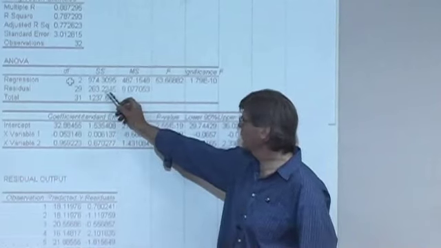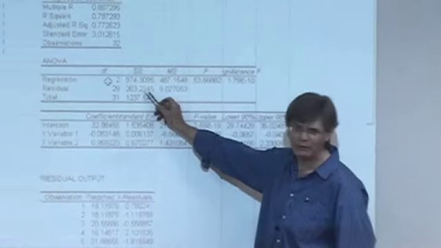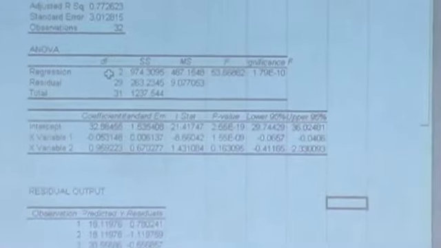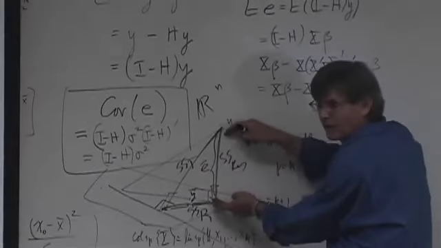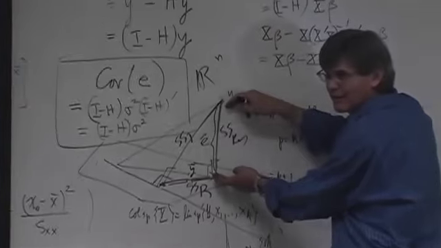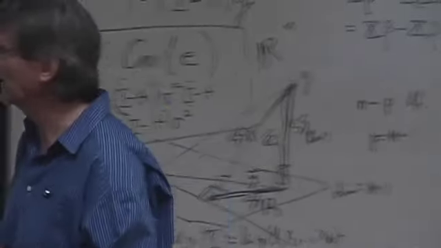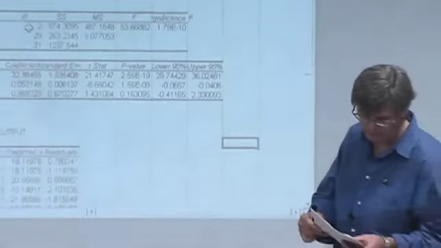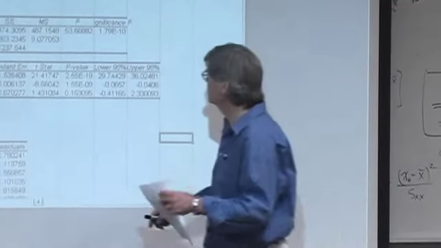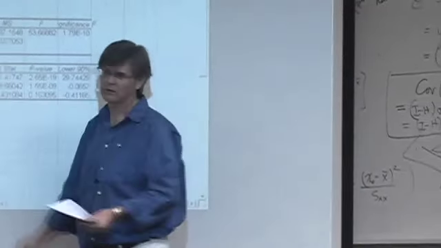The residual sum of squares when you add more regressors has to go down. Before I had a smaller column space and I was projecting onto it; now I've got a larger column space, so this distance gets smaller. So the residual sum of squares has to get smaller. You can check that. What was the residual sum of squares in the gasoline? That was the very first problem. The residual sum of squares was 282. Now it's down to 263.